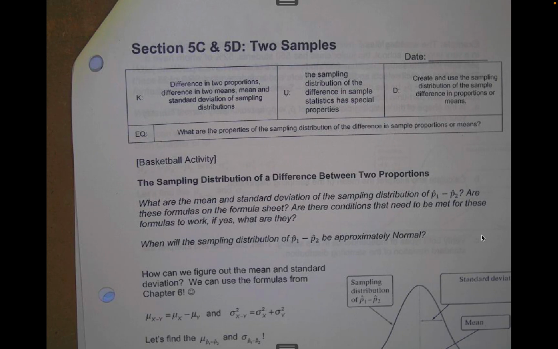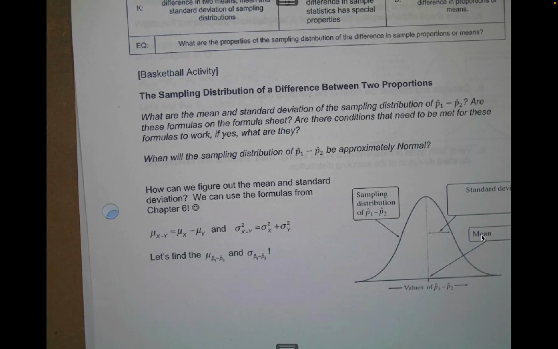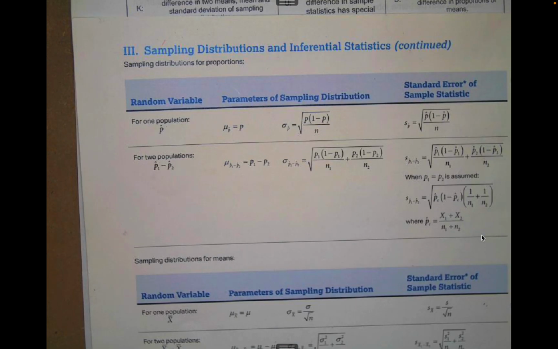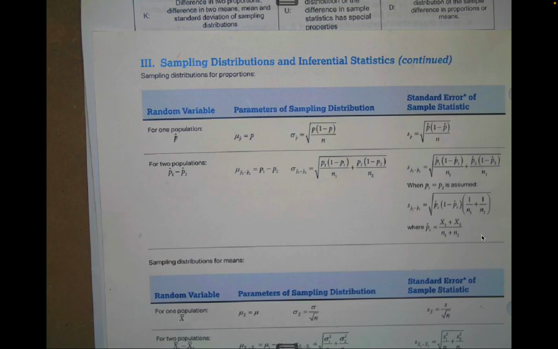That's not always the case, but it's often what we'll assume in this class. The mean of the difference is actually the difference in the two p's. The standard deviation also uses the original standard deviation from the other day.